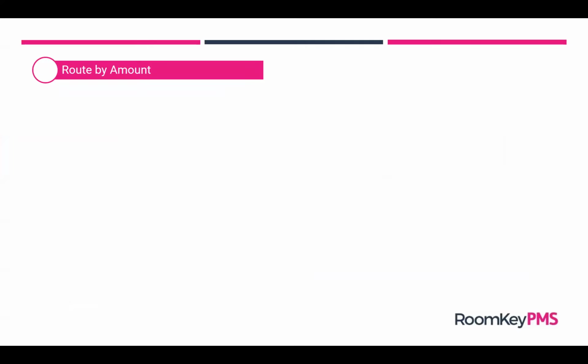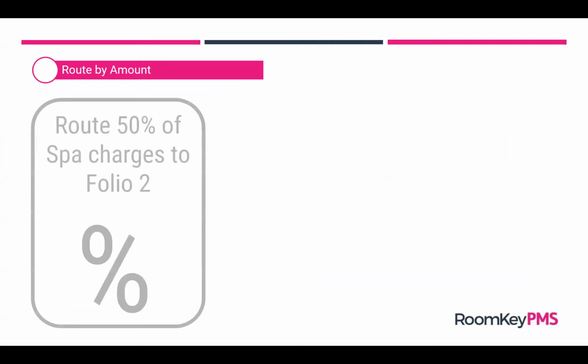Now, for our first example here, I'm going to use an example where we are going to route 50% of a specific charge, in this case, the spa charges, to Folio 2. So this is going to go to the same booking, but just a separate folio, and it's going to split my spa charges. So it's going to split them in half there.